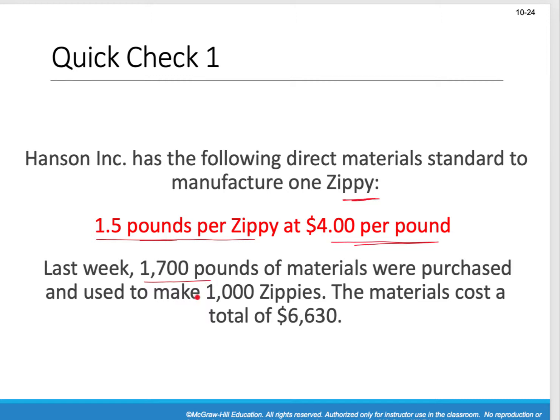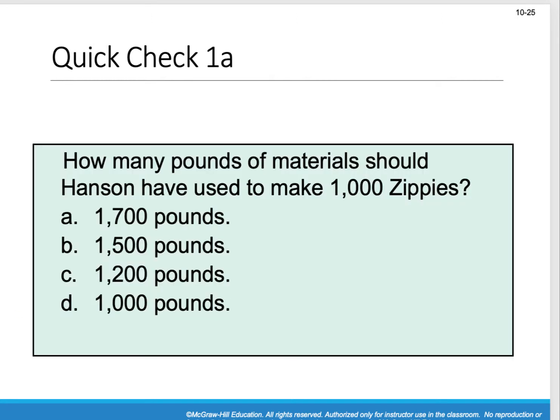and they tell us that we made 1,000 Zippies, and the cost of that was $6,630. We need to figure out how many pounds of material Hansen should have used to make the product.